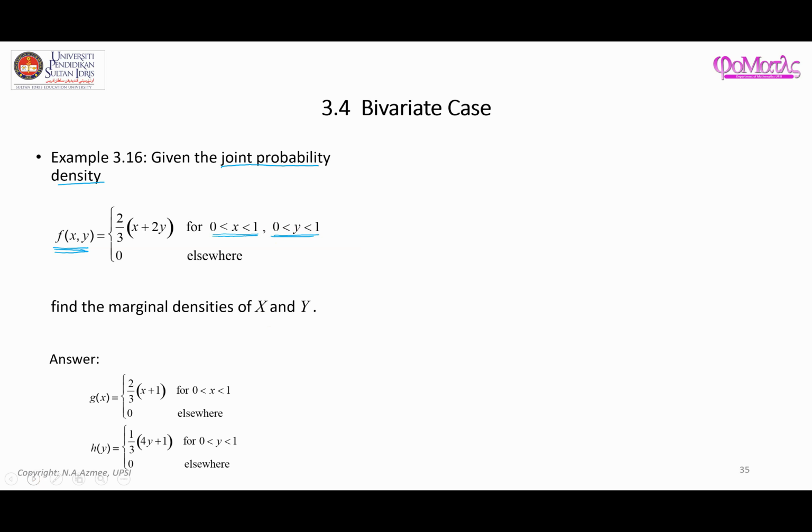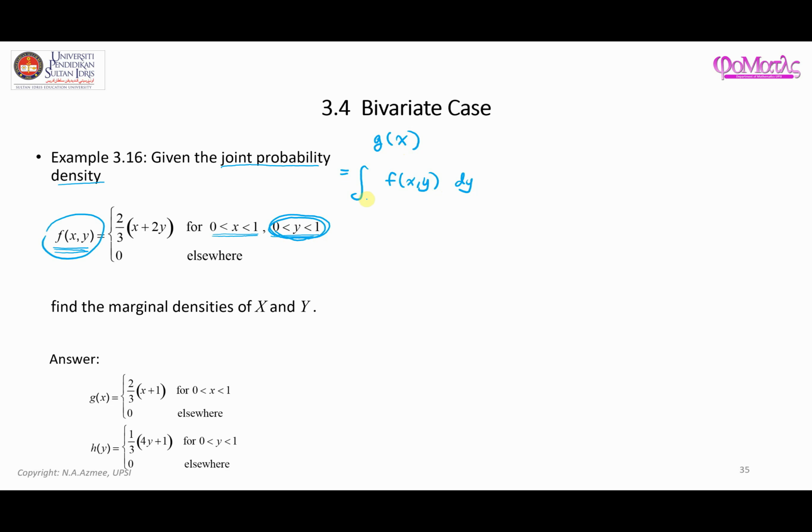All right, we're going to start off with finding g(x), and according to the formula, we have to integrate this function right here with respect to y. Okay, and in this case we can see that the limit of y is from 0 to 1.